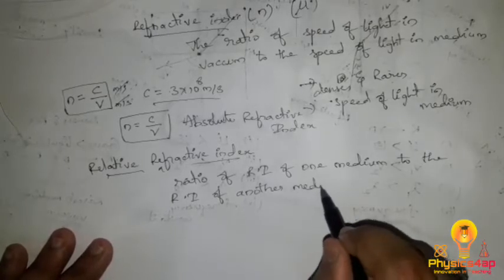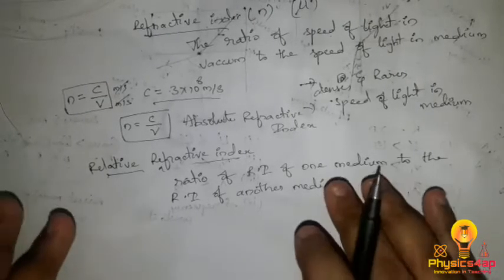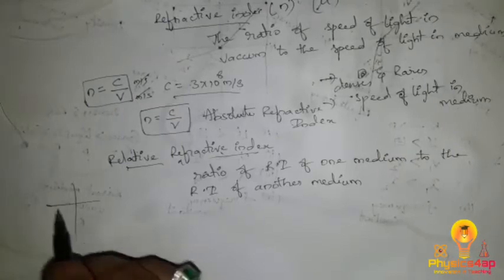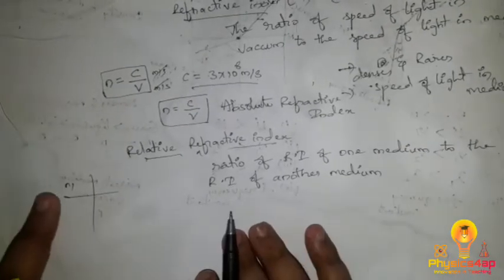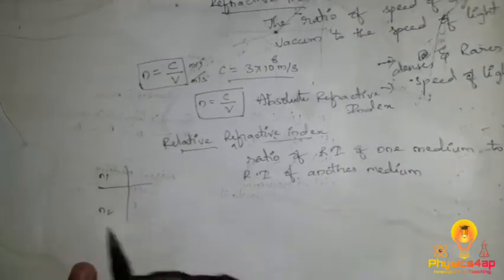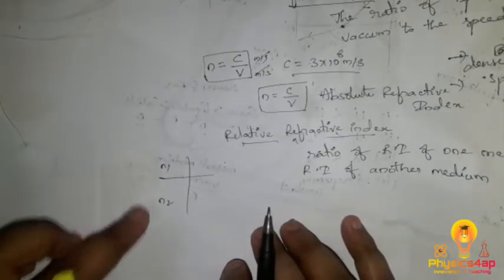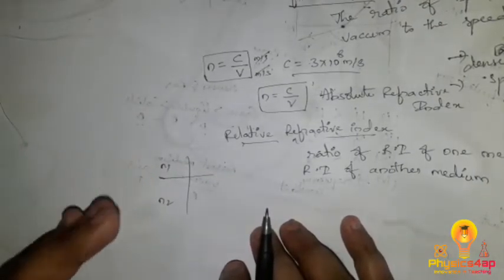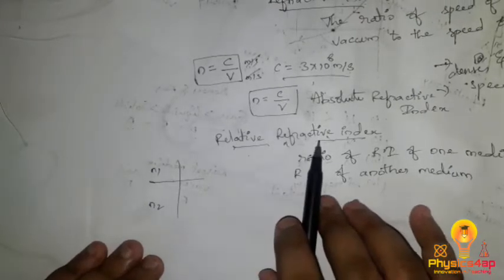So it is the comparison of the refractive indexes of the two mediums. Consider this medium as n1 and this medium as n2. If you compare the refractive index of the first medium and the second medium, that is what we call the relative refractive index.